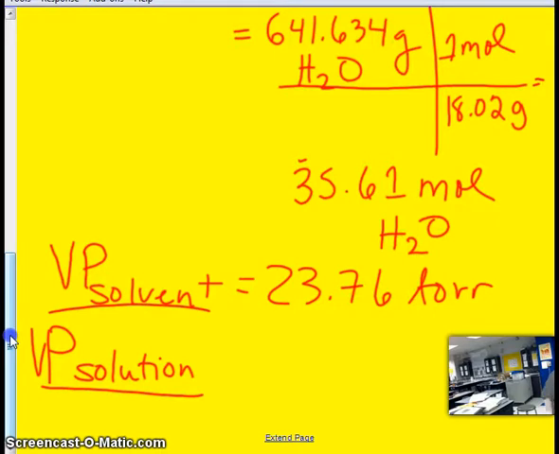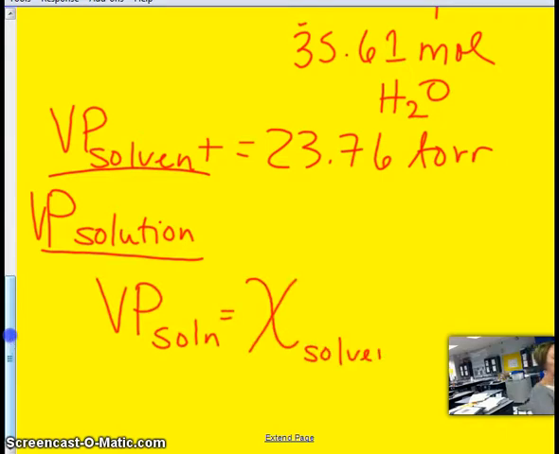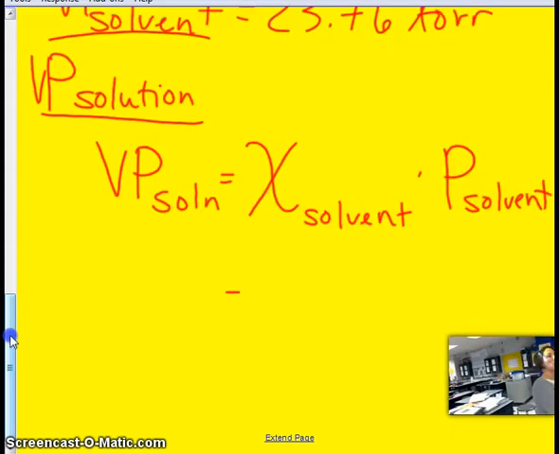So what we will do is we will take our Raoult's law: the vapor pressure of the solution equals the mole fraction of the solvent times the pressure of the solvent. We must first get the mole fraction.